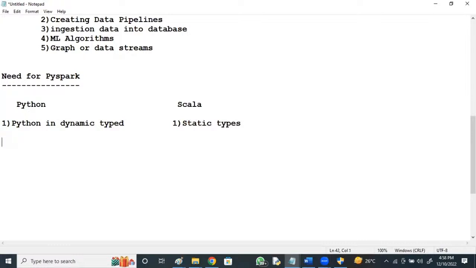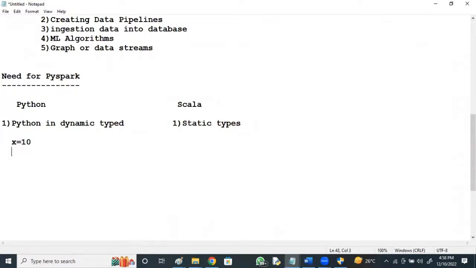Dynamically typed means if you say x equal to 10, based upon the value you are assigning, the variable x is going to get created dynamically. Here we don't need to declare int or float.